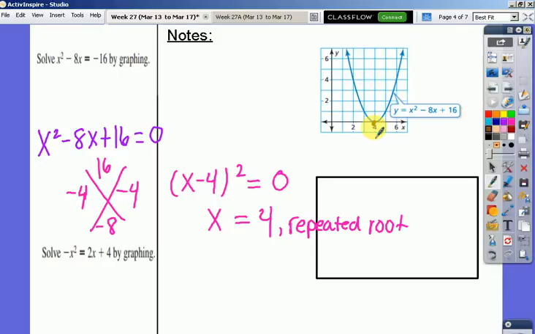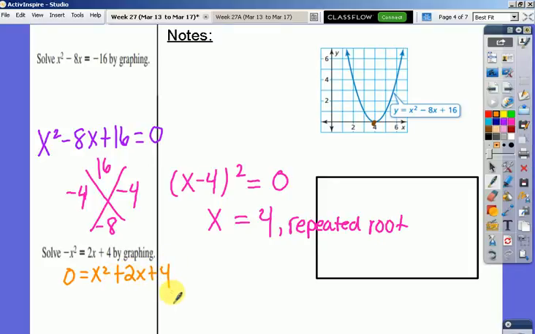Okay. Now, the other situation that we'll find is sometimes we'll be dealing with something that's just not factorable, and that's okay. So on this next one, I can add x squared to the other side. I'll end up with 0 equals x squared plus 2x plus 4.